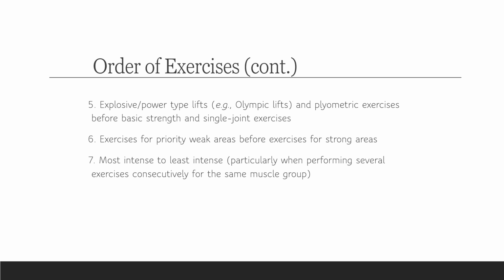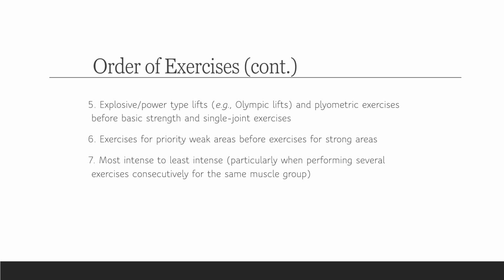In general, the sequence of exercises for both multiple and single muscle group exercises should be as follows: large muscle groups before small muscle group exercises, multi-joint before single joint exercises, alternate push and pull exercises for total body sessions, and alternate upper and lower body exercises for total body sessions.